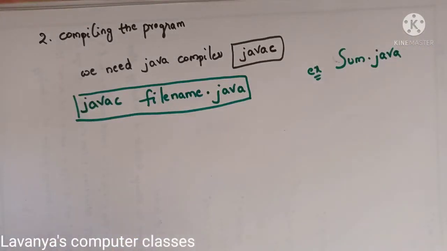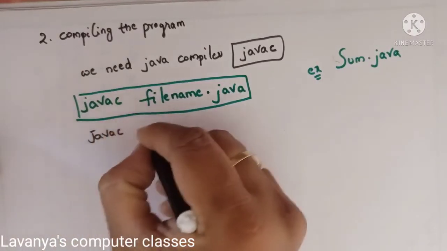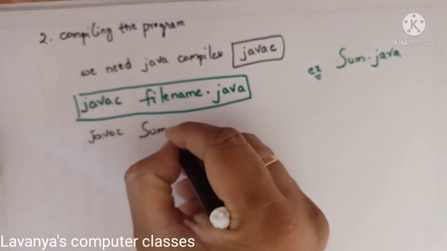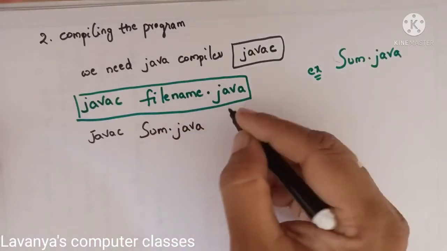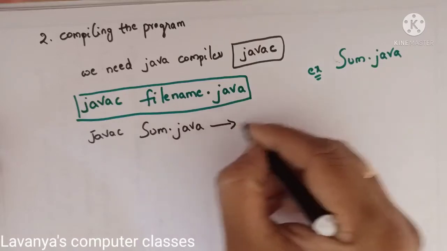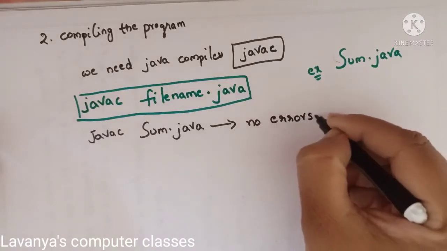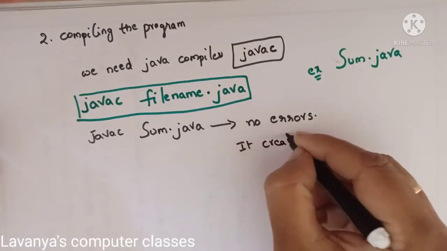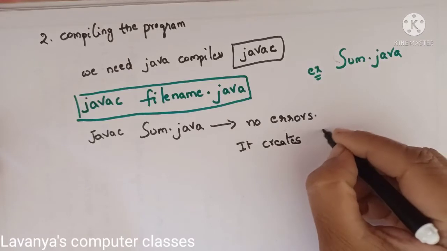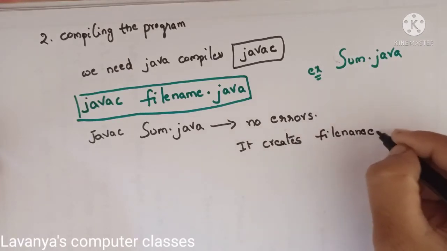If there are no errors in this, for example, I saved the file with the name Sum.java, S is a capital letter. Then how can you compile this program? javac Sum.java. Like this, you have to compile the program. Then it checks the errors. If there are no errors, then automatically it creates a .class file.